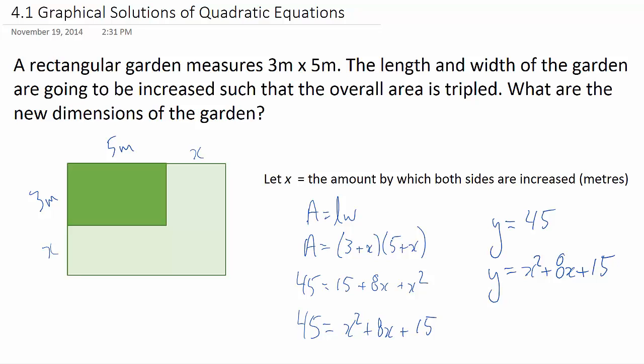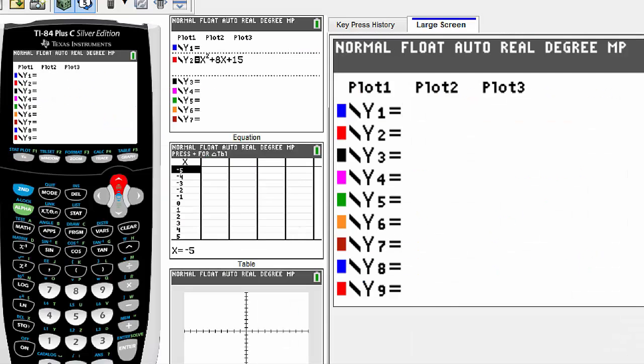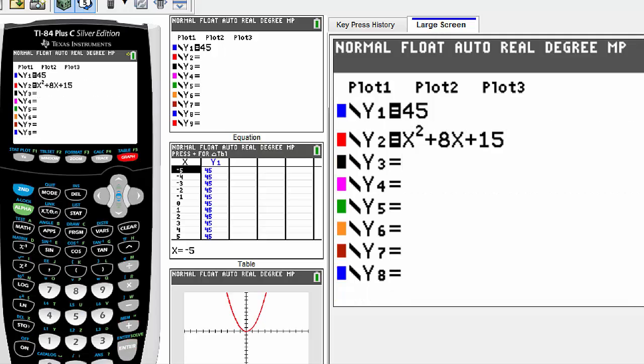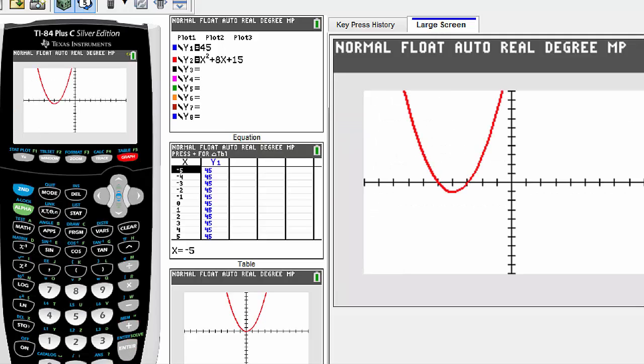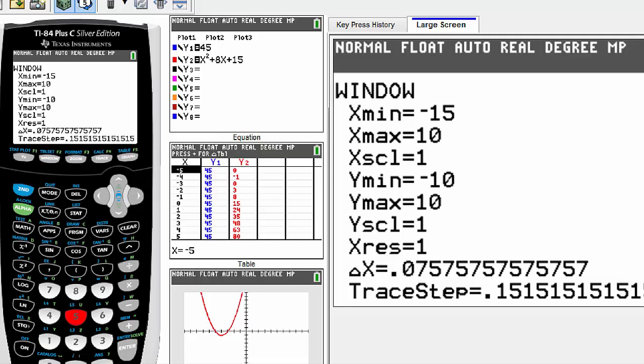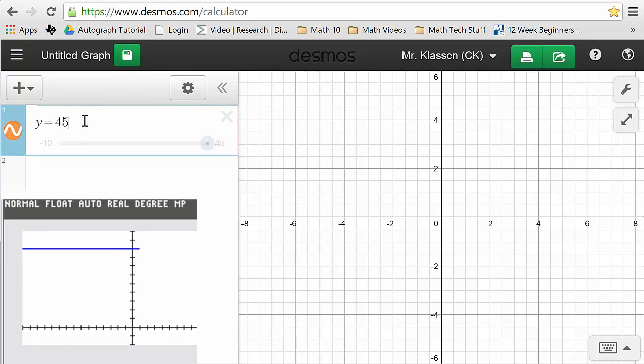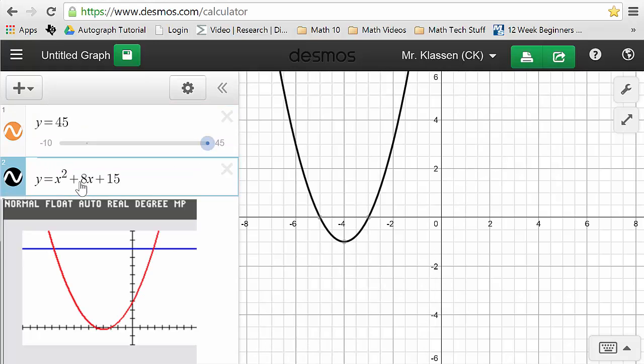Whether I'm using Desmos or my TI-84, I can go ahead and input these values. You can see that whether I'm using Desmos or the TI-84, I need to adjust the window settings to get my y maximum up to something greater than 45, and then I need to find the intersections of these two equations.